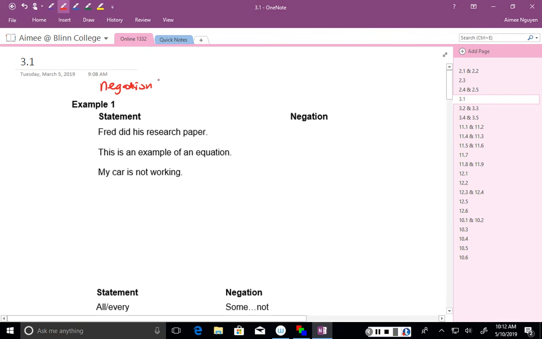So really when we're talking about negation, we're talking about the opposite. So I'm going to say, what was it to start with? And what's the opposite of that? So the symbol that we use for this is the tilde, the squiggly line like this. And then the word that we often see with this is not.